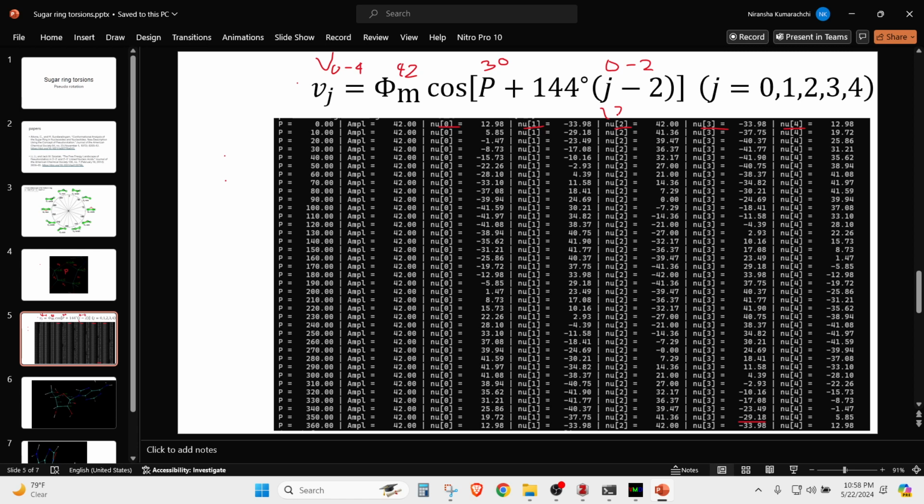Amplitude is 42. What is this amplitude? Amplitude is the maximum angle that the torsion can be bent from the plane. So from the plane upward, this angle is 42, right? It can bend from 34 degrees to 42 degrees.